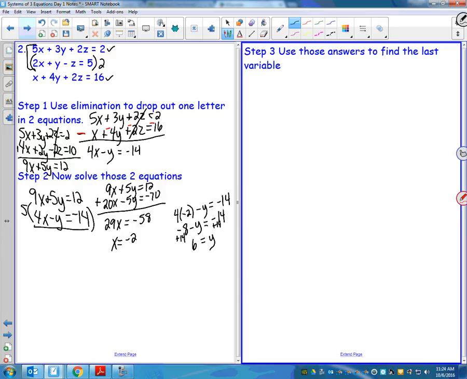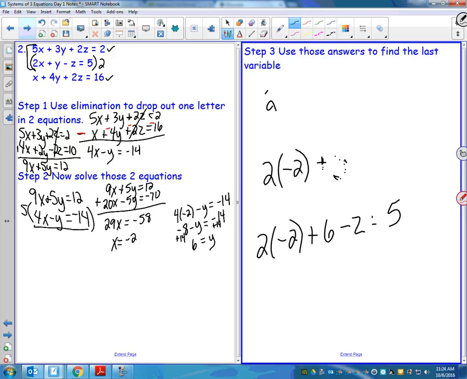I'm going to pick the middle one just because it only has a minus z in front of it, but it really doesn't matter. So I'm going to get 2 times negative 2 plus 6, because y is 6, minus z equals 5. So that would be negative 4 plus 6, which is 2.